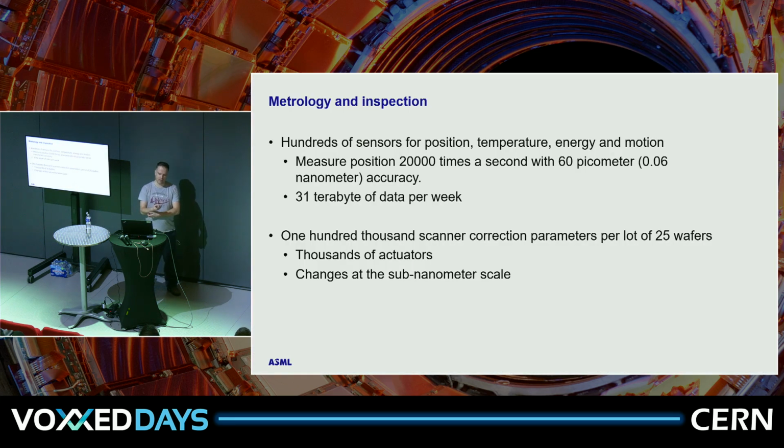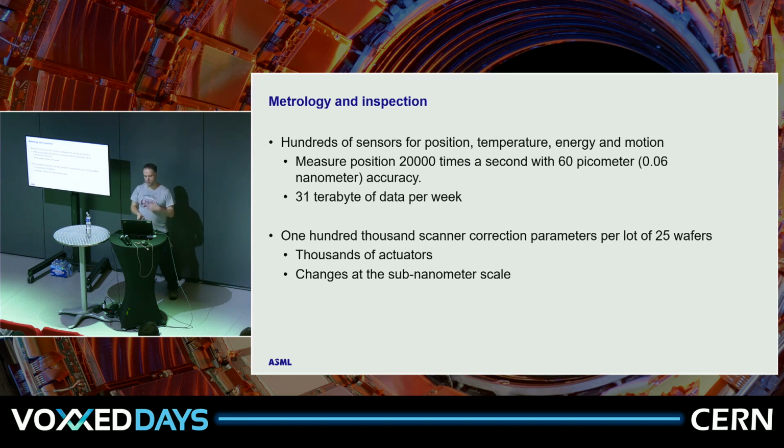And then we get a lot of measurements, basically. Each machine produces 31 terabytes of data per week, and customers can have dozens of machines. So it's a lot of information to process. And we use that information to recalibrate the 100,000 scanner correction parameters.